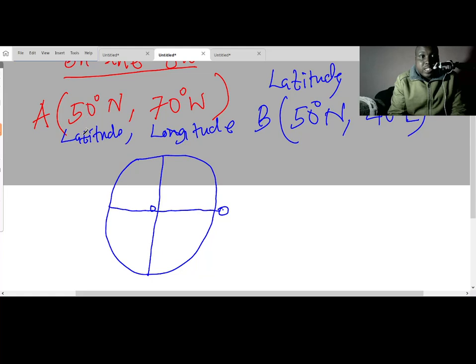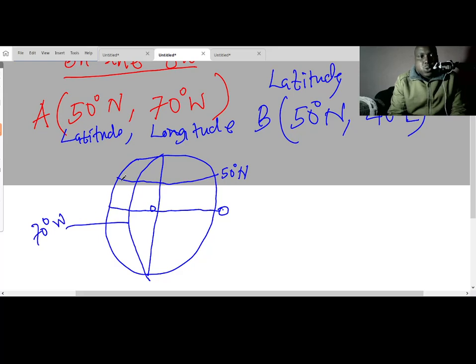North is latitude, so we go here to 50, it could be somewhere here. You draw that line and write 50 degrees north. And then the same one is 70 degrees west. From this 0, from the Greenwich meridian, west is this way. So this is the line, the longitude 70 degrees west.